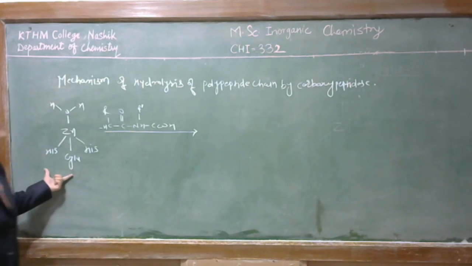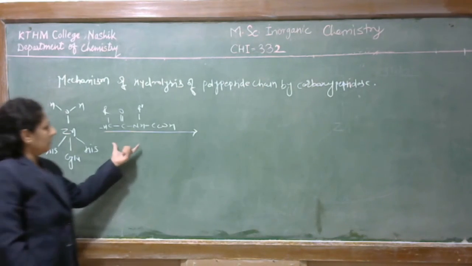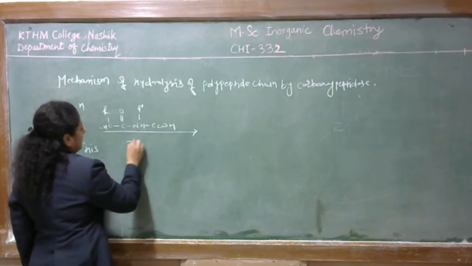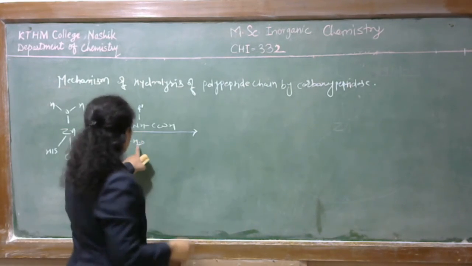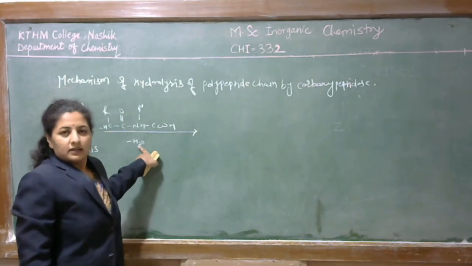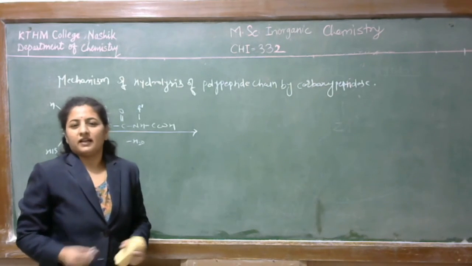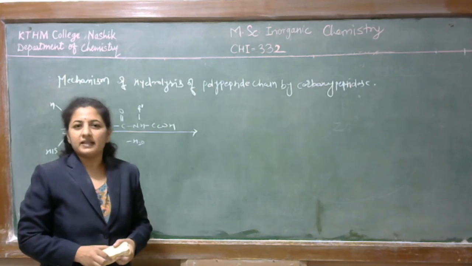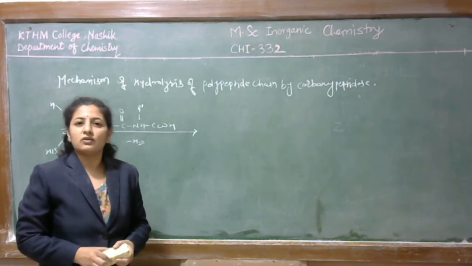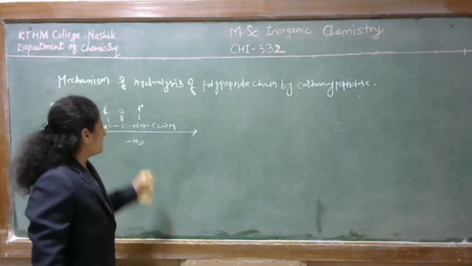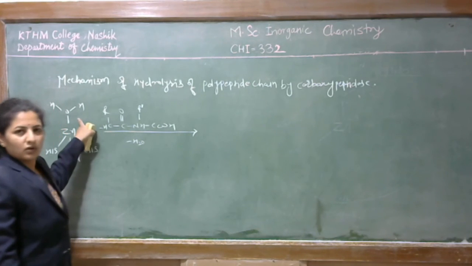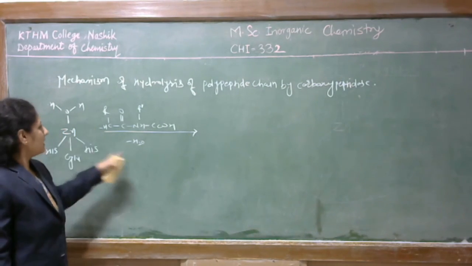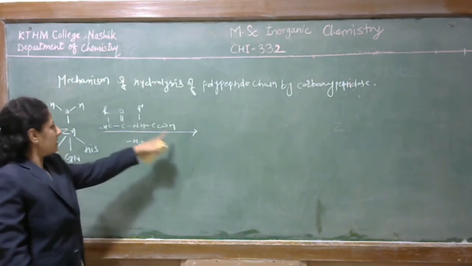Here is our enzyme, and this is a chain of polypeptide that we have to hydrolyze. The carboxypeptidase acts through displacement of the coordinated water molecule of the enzyme by the carbonyl group of the substrate molecule.